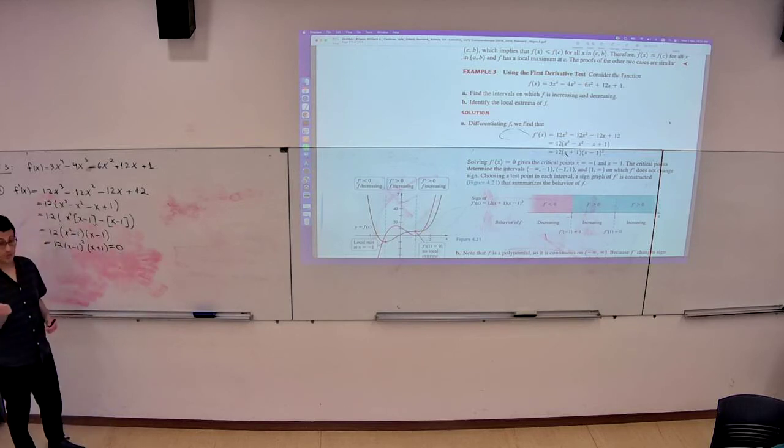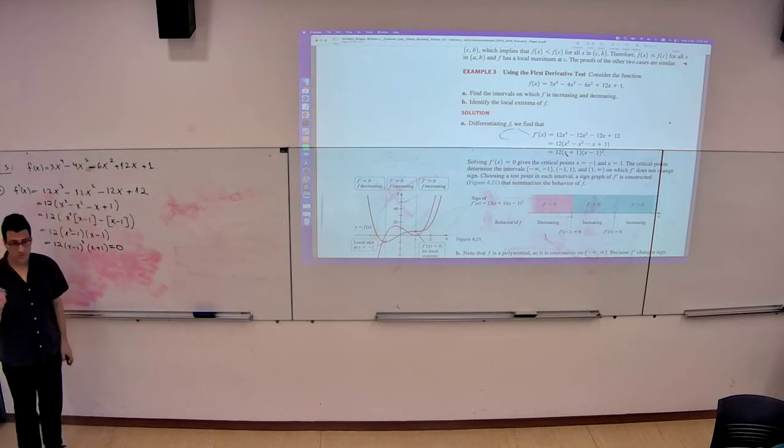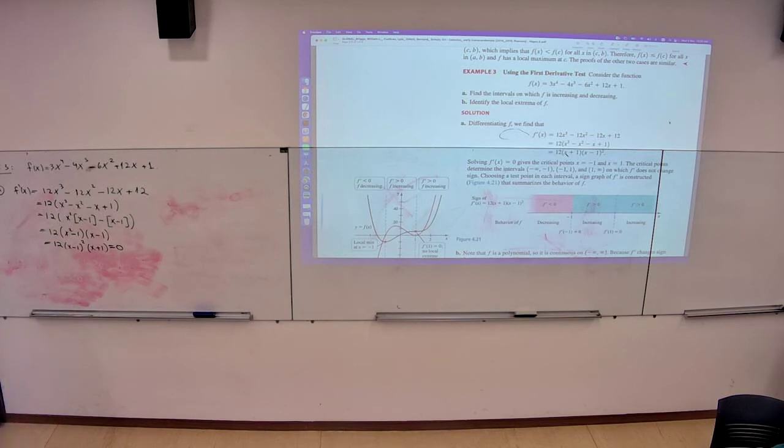Again, polynomials are super cool because their derivative is always defined. It's another polynomial. So you don't have bad points where you go to infinity, or undefined points, or critical points where the derivative is undefined. The derivative of a polynomial is another polynomial. Super smooth, right?